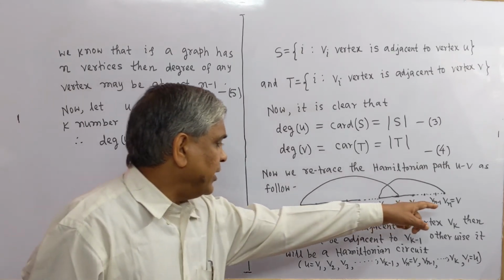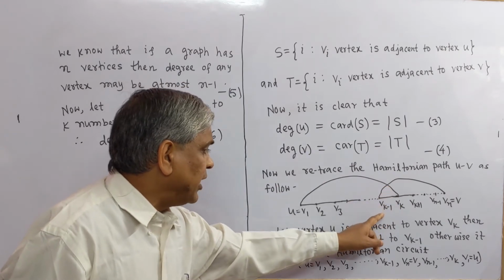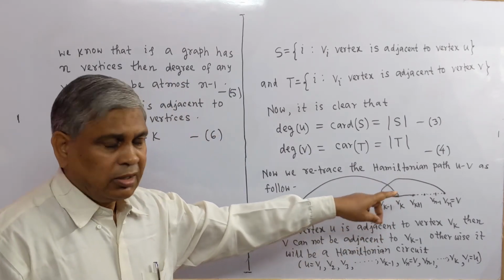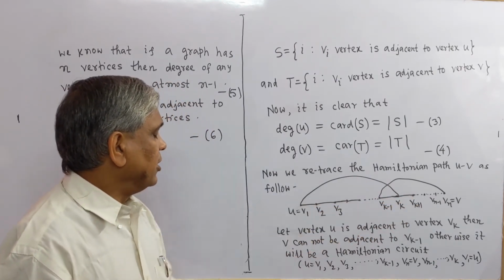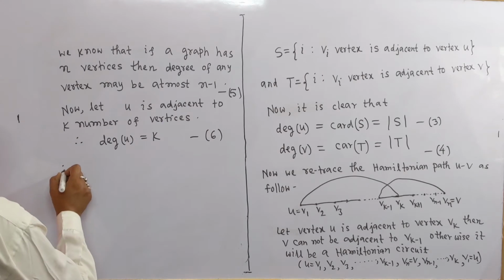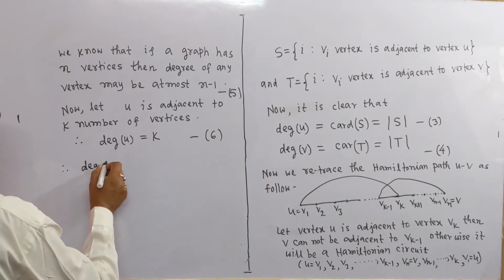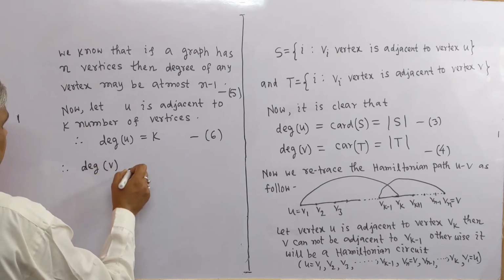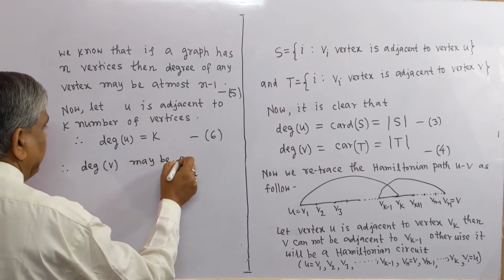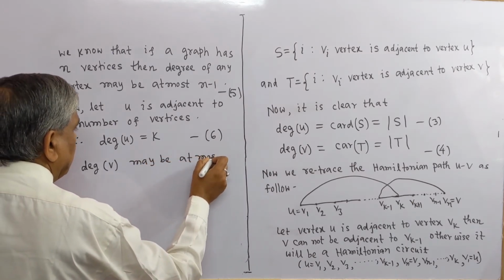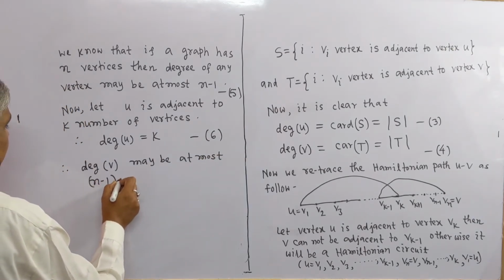Here we have seen that V cannot be adjacent to Vk minus 1 or any of these vertices. Therefore, the degree of V may be at most n minus 1 minus k.